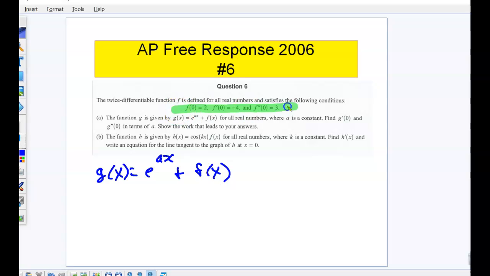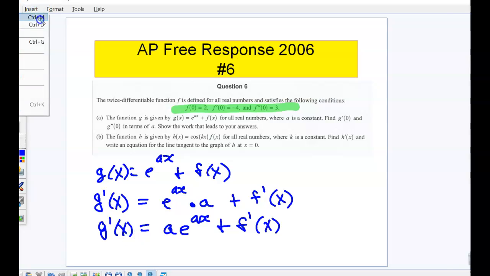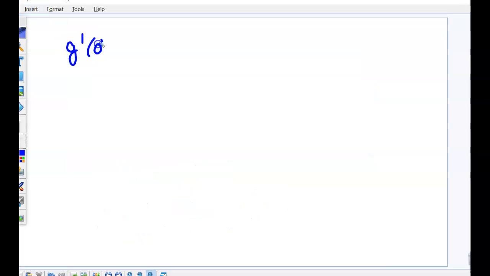Well, they're giving us some information here. So let's first find the derivative of g. The derivative of g is going to be e raised to the ax itself times the derivative of the exponent, plus the derivative of f, which would be f prime. If I clean this up a little bit, I'm going to put that constant a in front. Now they want us to find the derivative at 0.